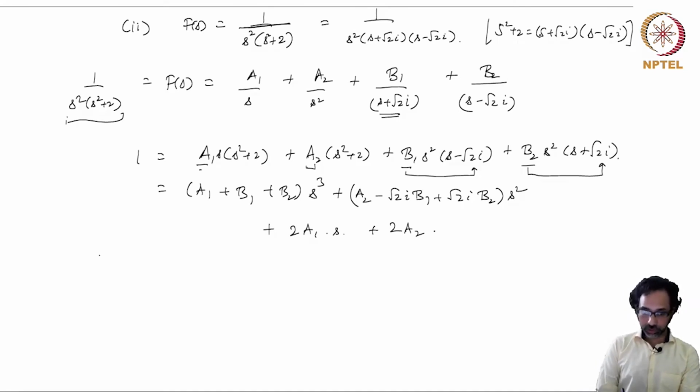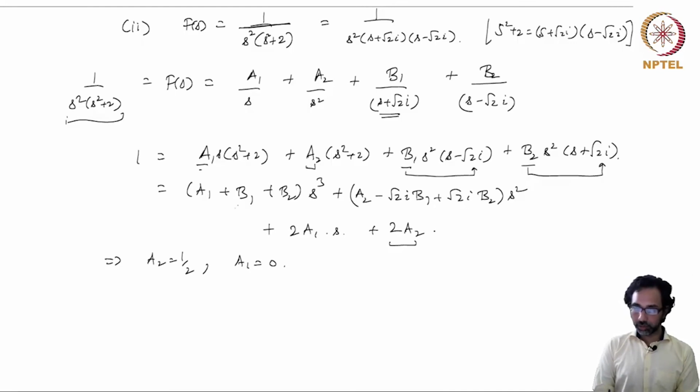So let's see, from the constant coefficient you immediately get a2 is half, and because the coefficient for s is 0 on the left hand side you get a1 equals 0. And so now you have two equations in b1 and b2 which we can solve.